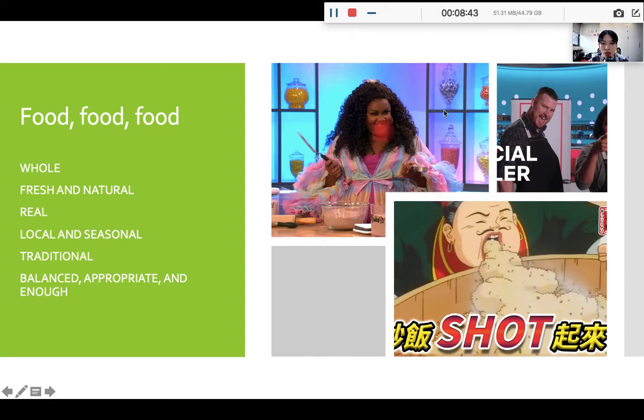On the right, you see 3 images. These 3 images show you 3 different TV programs. On the left, this is called Nail It, and the host is Nicole Byer. This show invites people who are interested in making desserts, but they are extremely bad at it. So the point of this show is to see who makes the most ridiculous looking dessert or the most disgusting dessert.